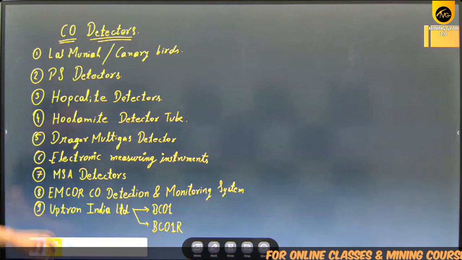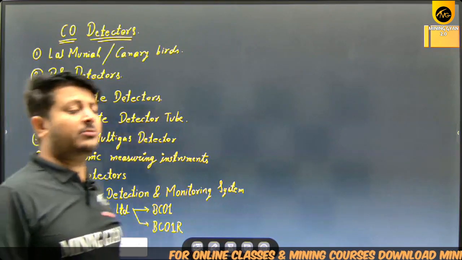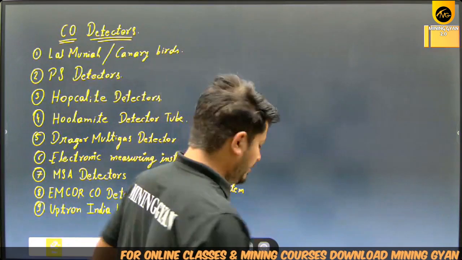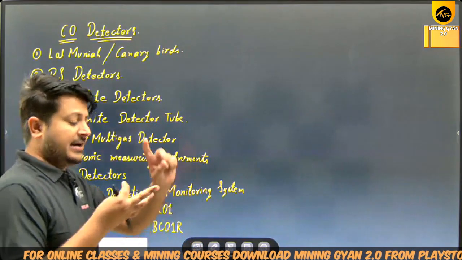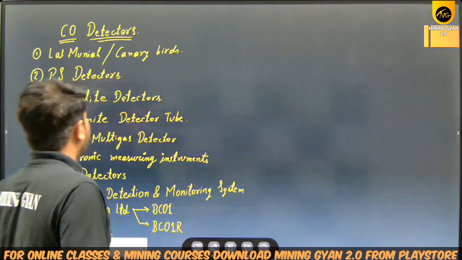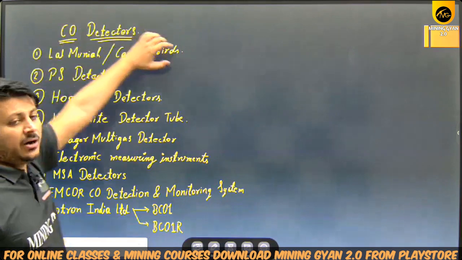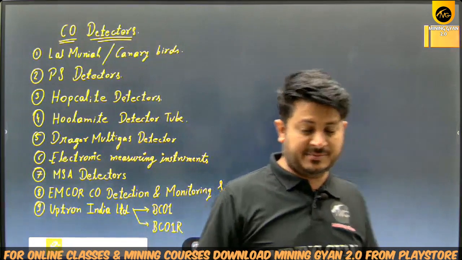Now, if we talk about the detection and estimation of CO, there are three basic methods for the detection and estimation of CO. Okay, three methods. The first method is using birds or mice, lal munia or canary birds.